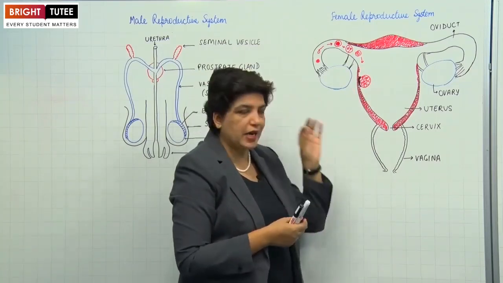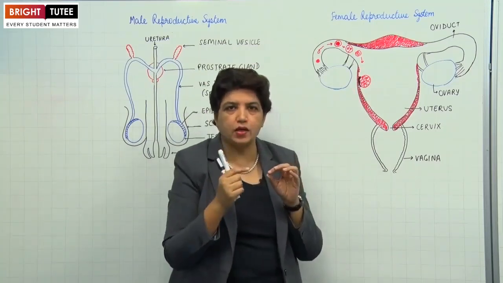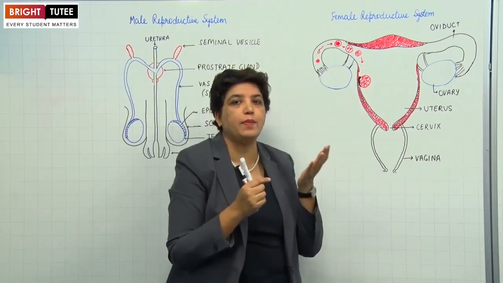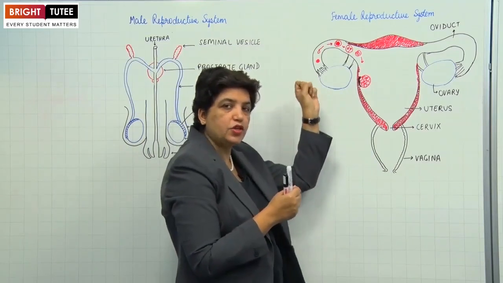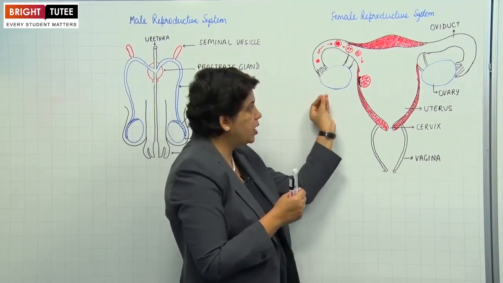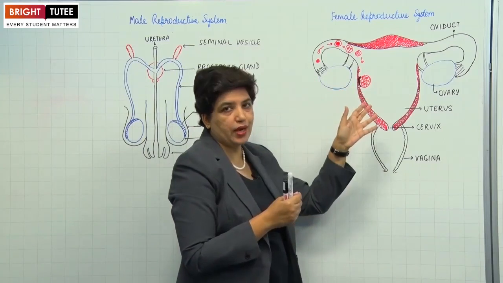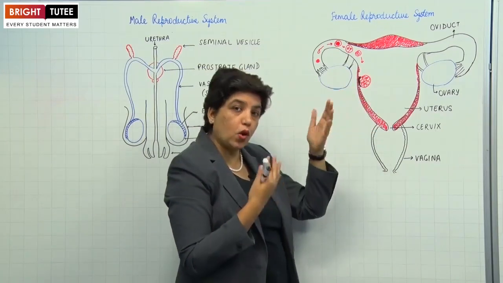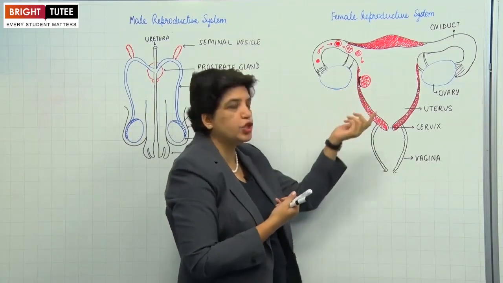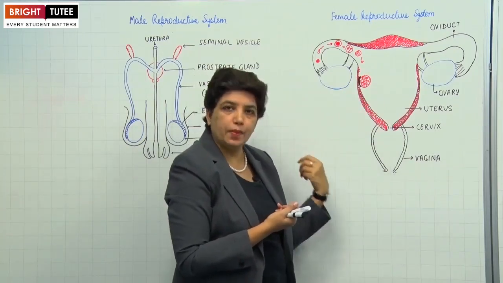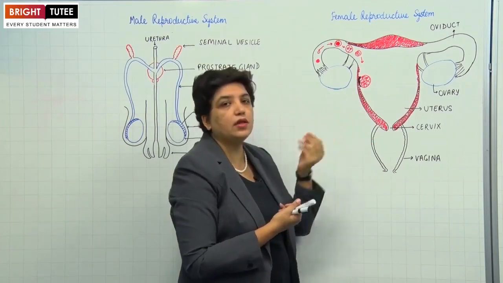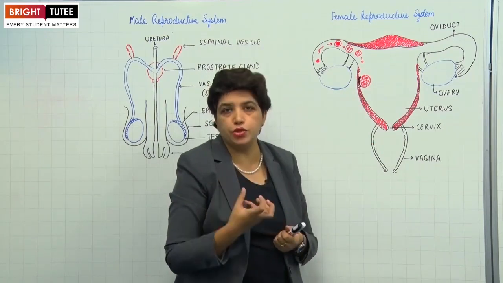This placenta has a lot of villi and it is richly supplied by the blood on the mother's side. So, from the blood of the mother, it takes up the nutrients and oxygen and provides it to the growing embryo. And also it takes away carbon dioxide and waste products from the embryo and releases it into the mother's blood. So, this way the growing embryo gets nutrition.